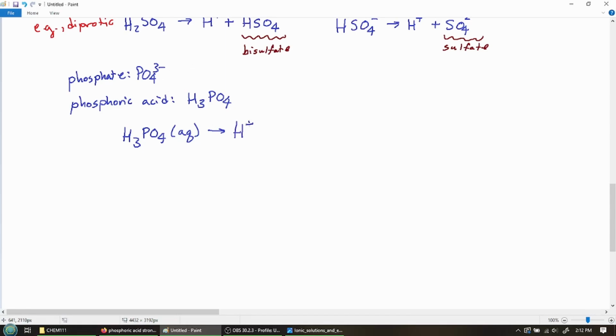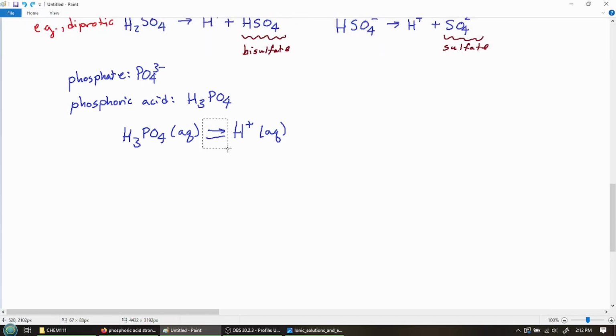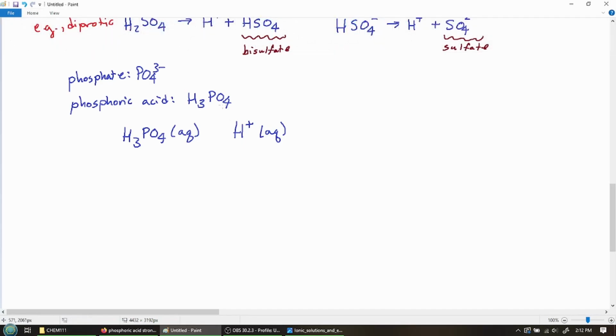So the first time that this ionizes, we're going to have this split apart, and let me add a double-sided arrow to remind ourselves that this is a weak acid that only partially dissociates. So the first time that this splits apart, we're going to be left with a single proton, and then this polyatomic ion.